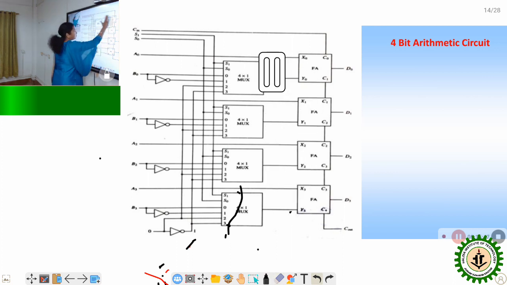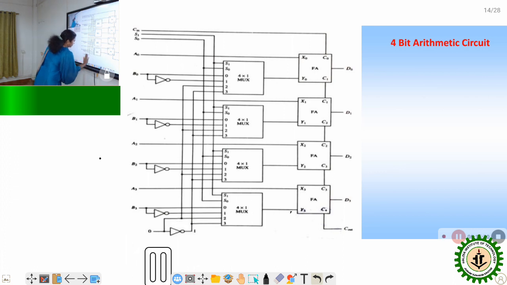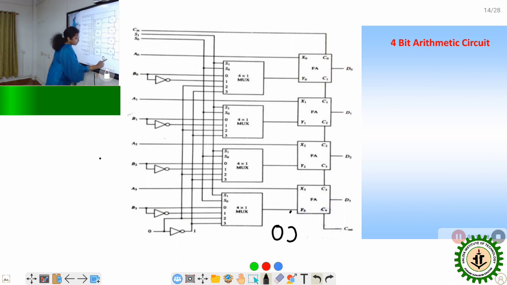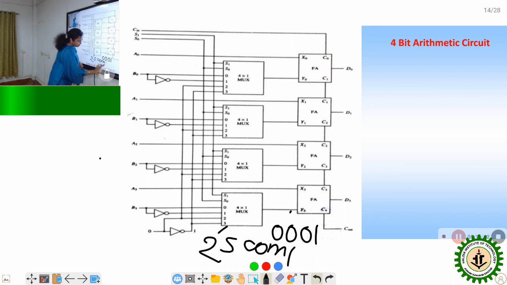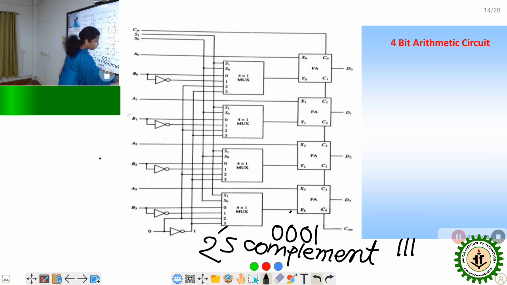Now how? 0001. If we want to find its 2's complement, that is 1111.